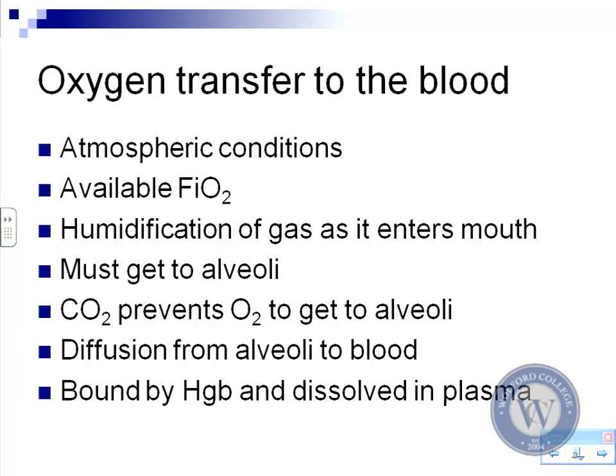Now, FiO2 is a fraction of your atmospheric pressure. If I tell you that FiO2 is 1, that means you're at 100% oxygen delivery. I mean, 100% of the boxes. So if you have 760 millimeters of mercury, and I tell you that your FiO2 is 1, that means 760 of those boxes are going to be filled with oxygen.